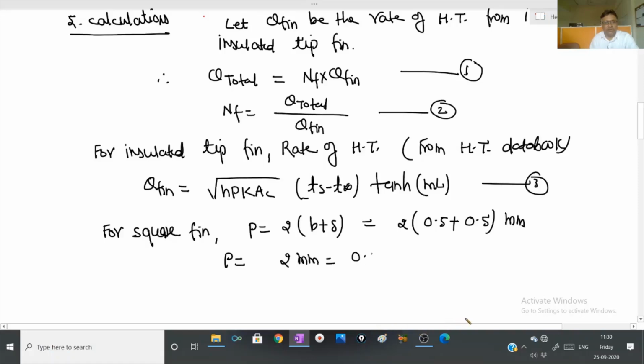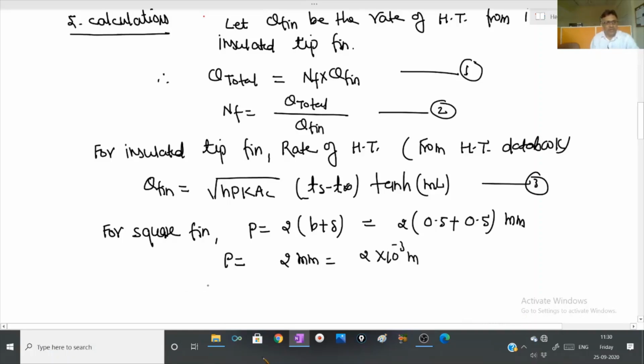That is 0.002 meter actually, or 2 into 10 to power minus 3 meter.